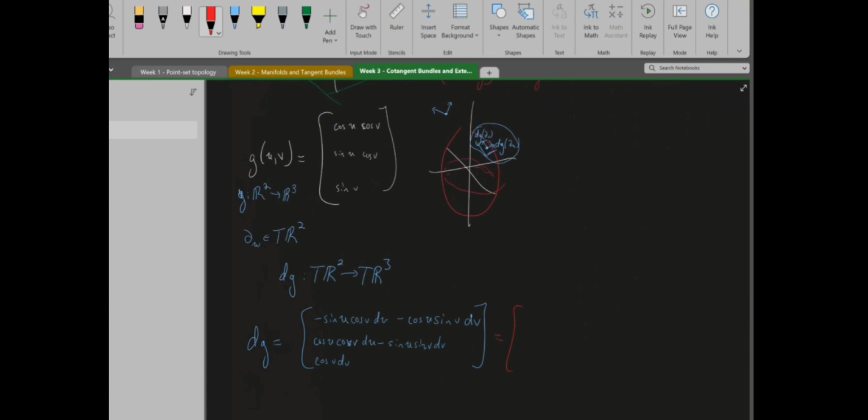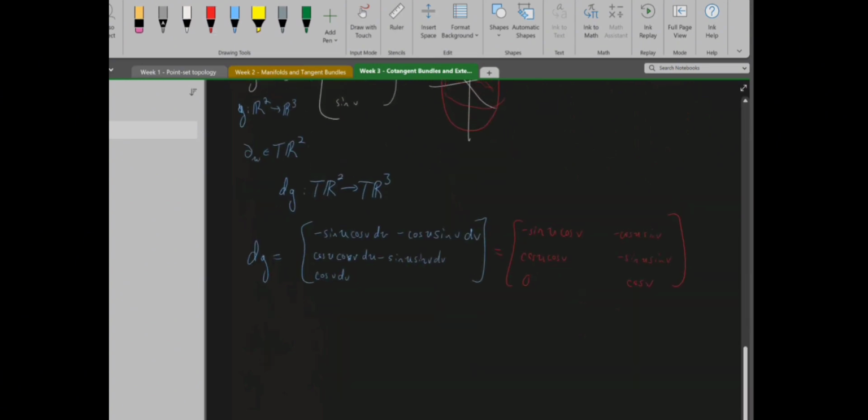So this is going to now be negative sine u cosine v, negative cosine u sine v, and cosine u cosine v, negative sine u sine v, and 0 and cosine v. And this eats things in R2 and spits out things in R3, so it works exactly like we would expect.